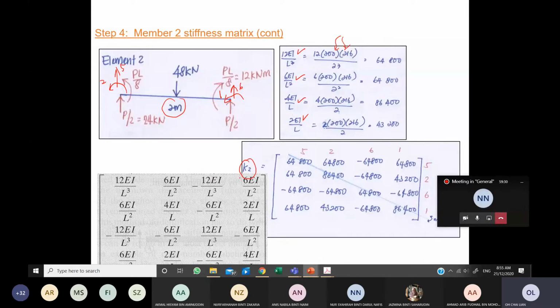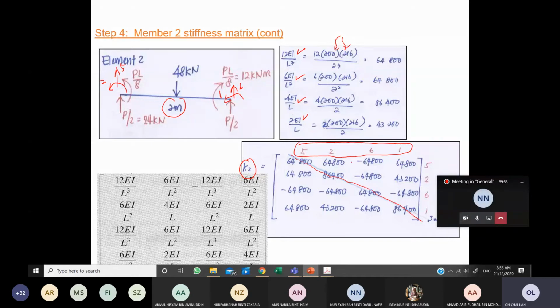Remember, now you are at K2 and you name this numbering. This numbering is very important because we will use it for the structure matrix. One thing to highlight here: you can see that I'm drawing this line.